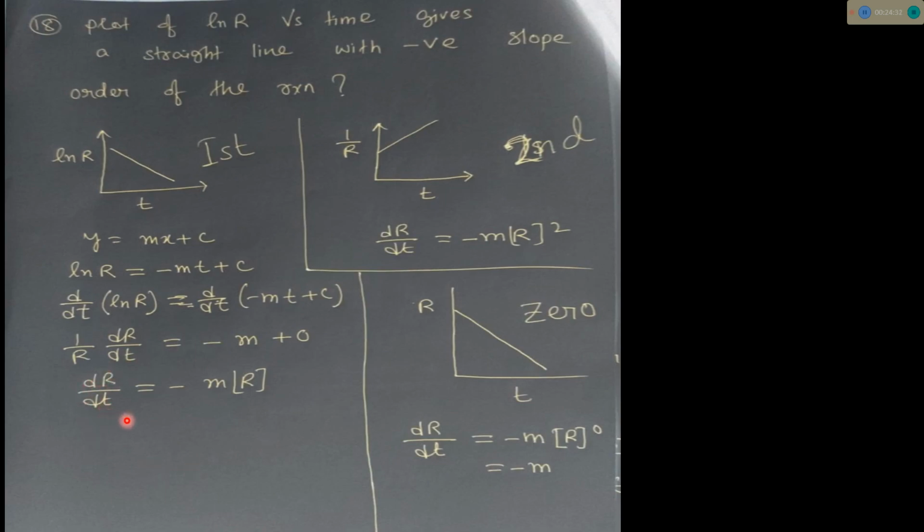Then we have to see dr/dt equal to minus m should be there. M is a constant like k, rate constant. If in this case r is there, that means first order reactions. If r square is there, that means second order reactions. If nothing is there, means r to the power 0 is there, that's why it is a zero order reaction.